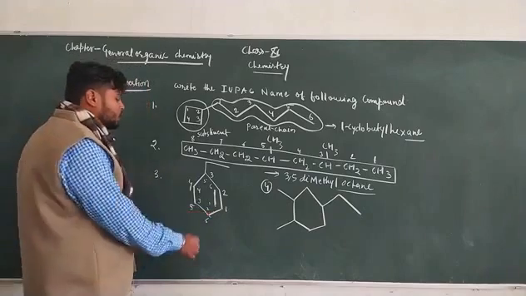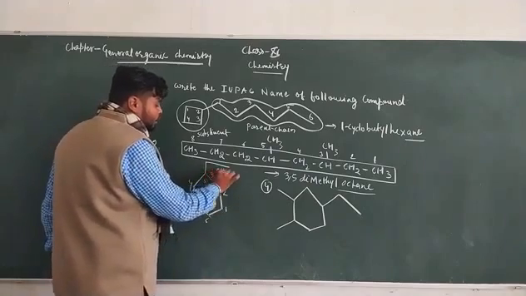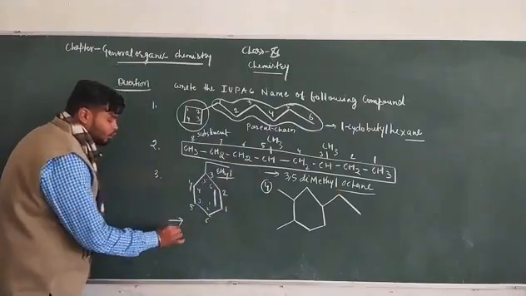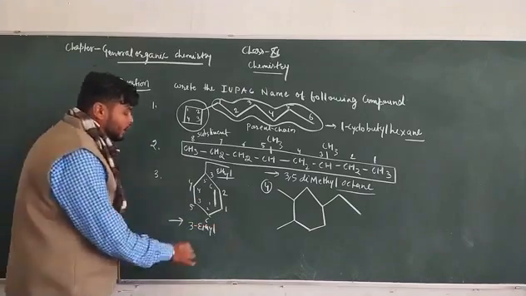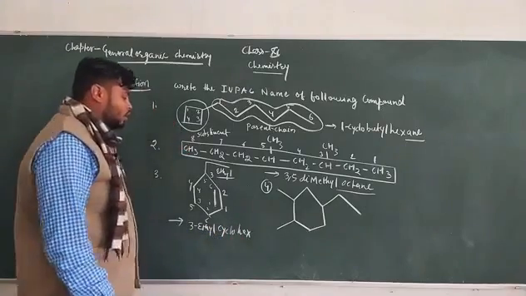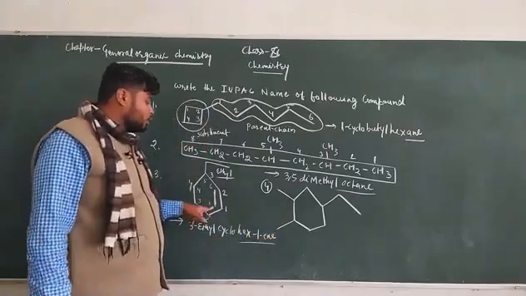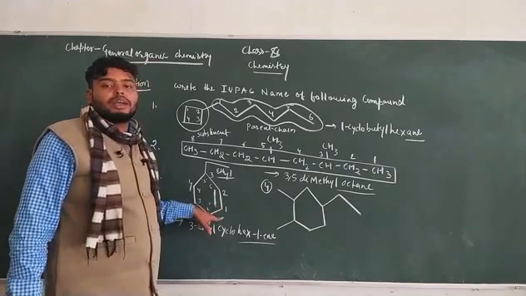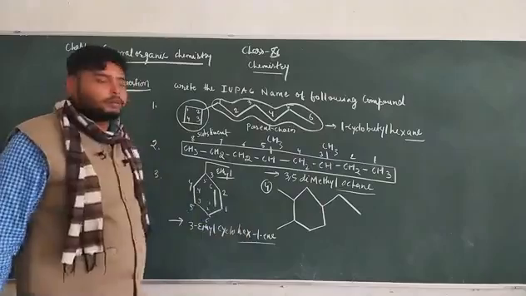That means your structure is numbered 1, 2, 3, 4, 5, 6, and this is the ethyl group. Now you have to write the name: 3-ethylcyclohex-1-ene. This 1 indicates the position where the double bond starts, so we write hex-1-ene here.